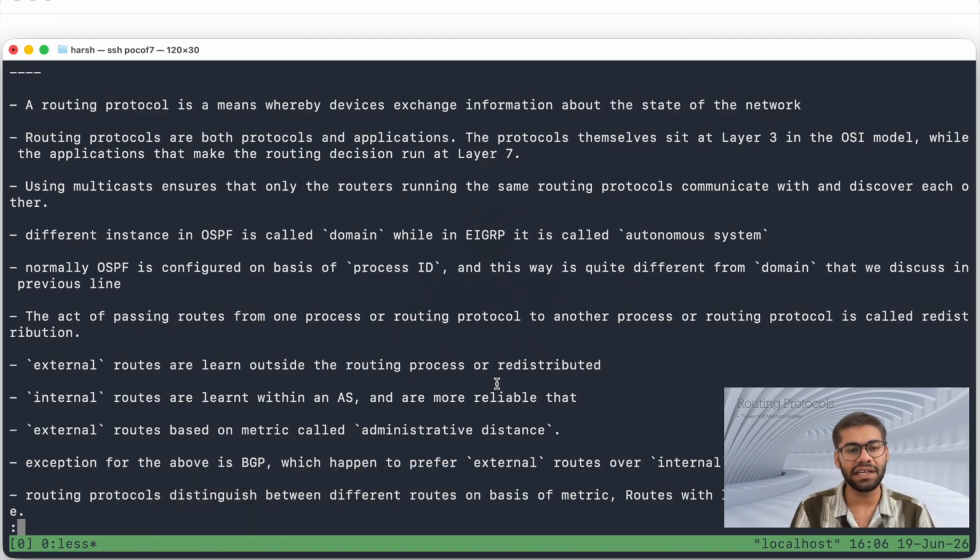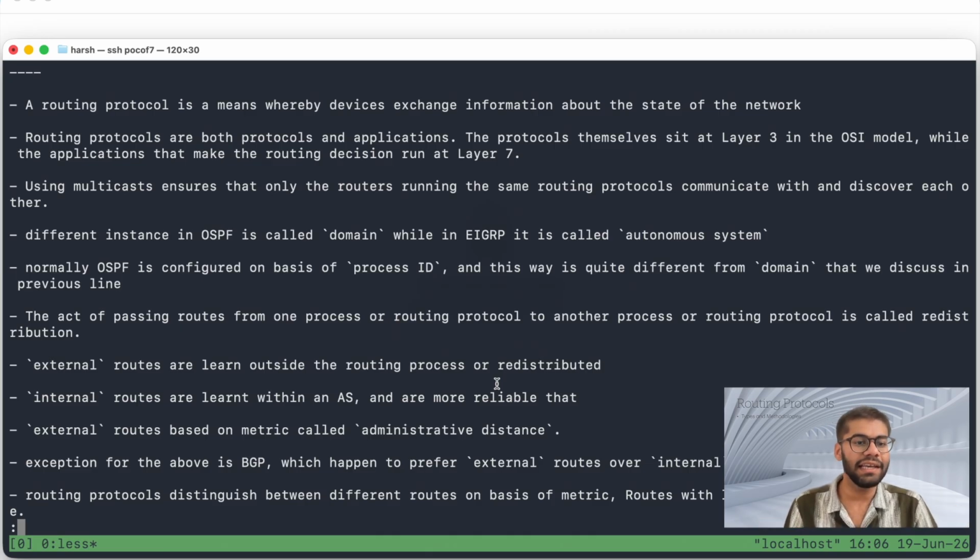Normally OSPF is configured on the basis of process ID, which I just told you, and this is quite different from the domain that we discussed. So OSPF domain, OSPF process ID, and OSPF areas are three distinct concepts and must not be mingled.